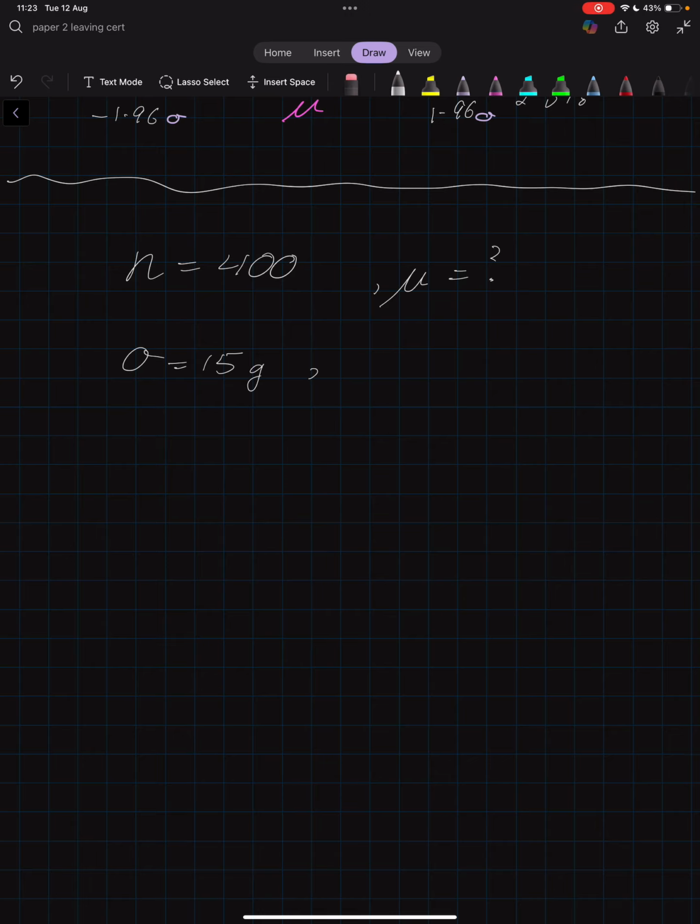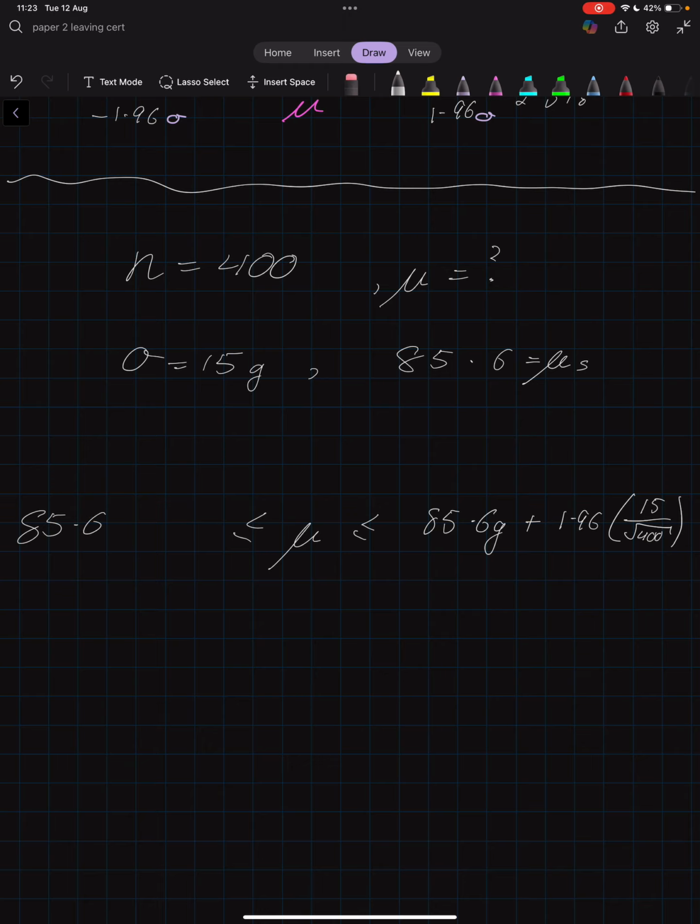And it says that the mean weight of the sample is 85.6. So that's the sample, okay? So now they're saying, okay, construct a 95% confidence interval for the mean weight of the apples. So a 95% confidence is just you say, okay, so I know it's going to be between 85.6 grams plus, remember it's 1.96 sigma over root n, and it's 85.6 minus.